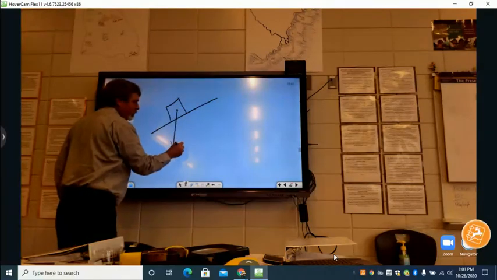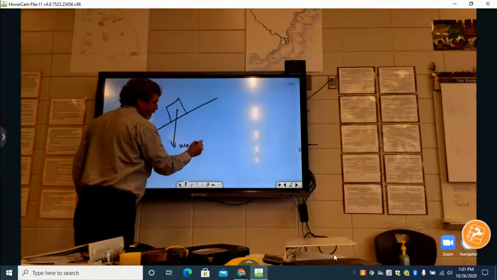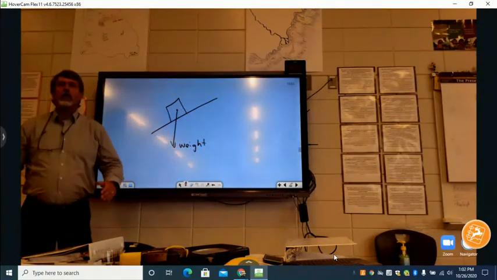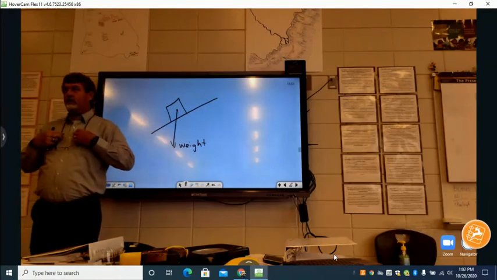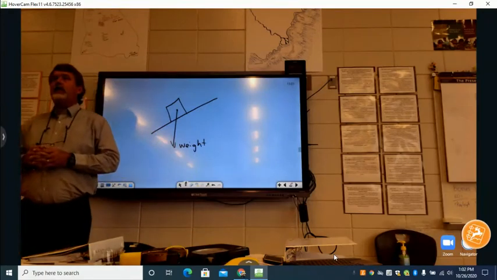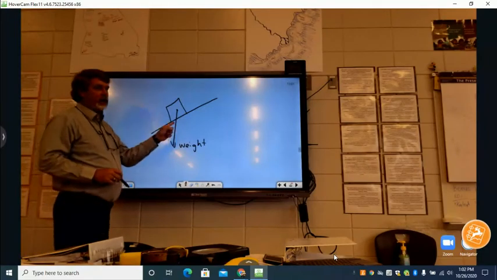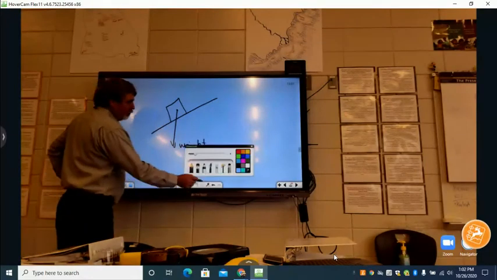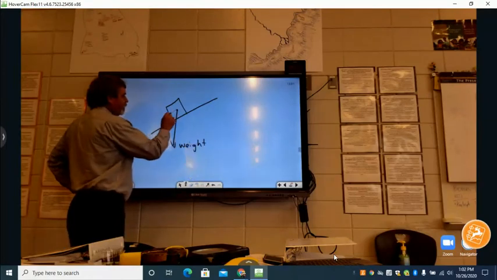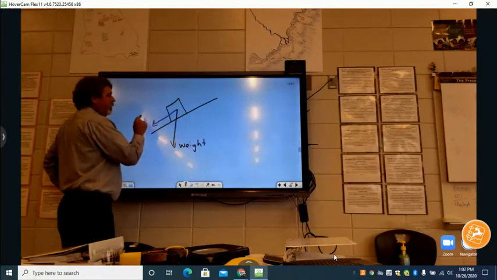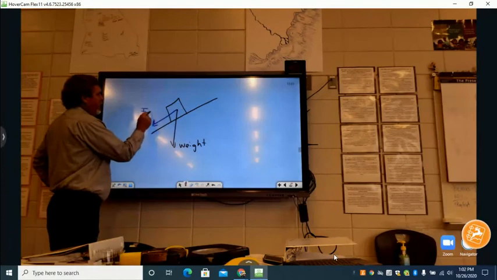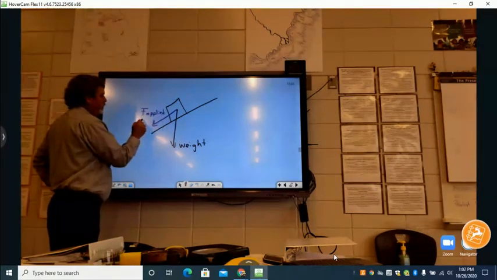What's the number one force we can't get away from? Gravity or our weight. The weight, force due to gravity. Now, at an angle, some of gravity does what? Pulls it down the ramp. This is force applied due to gravity.